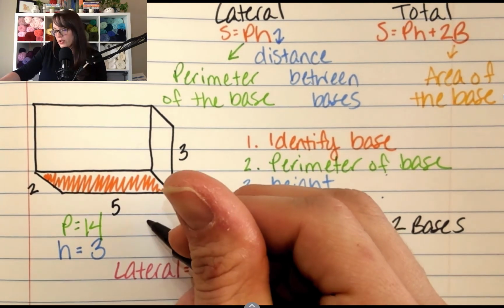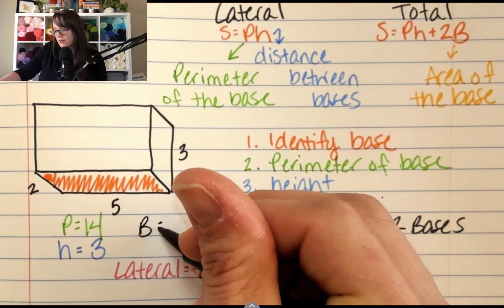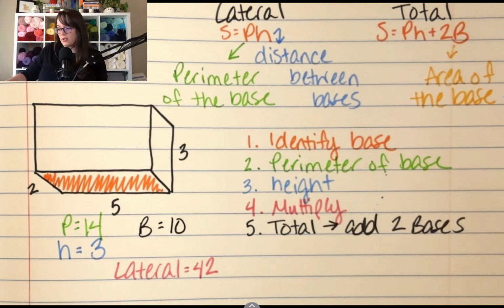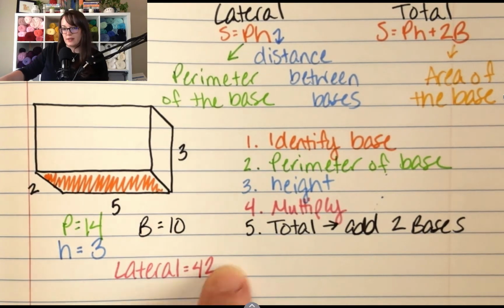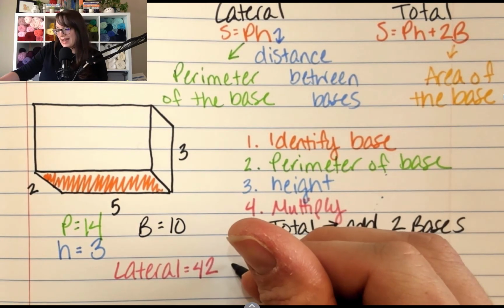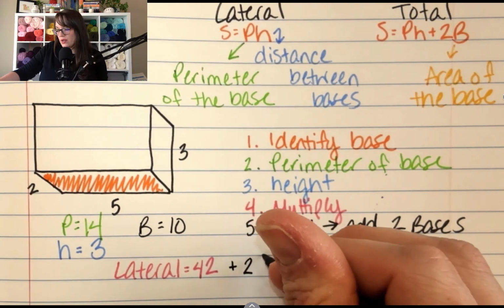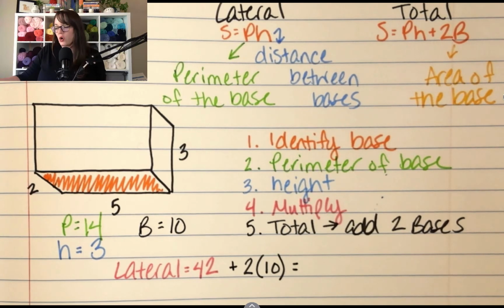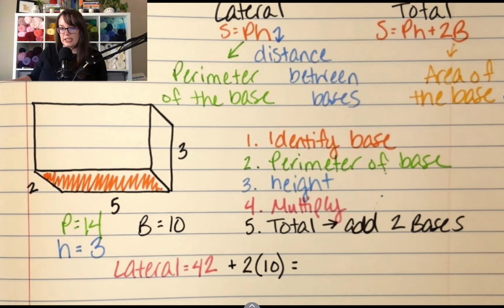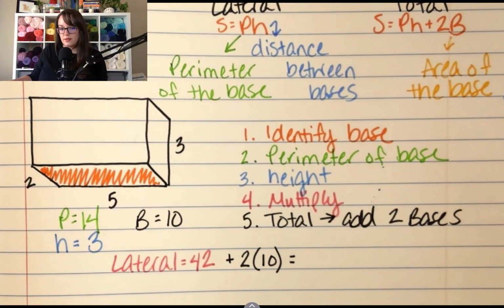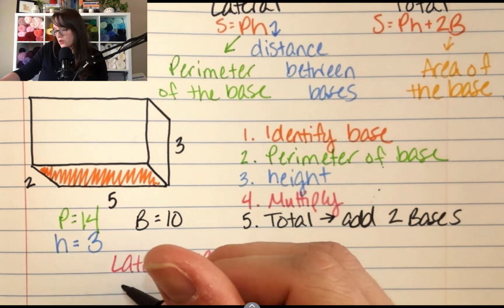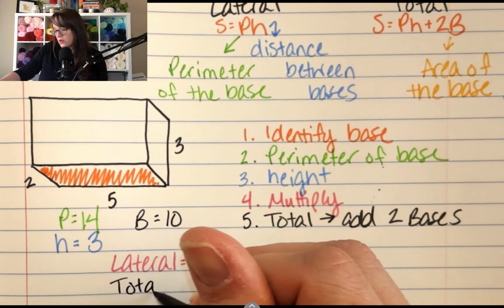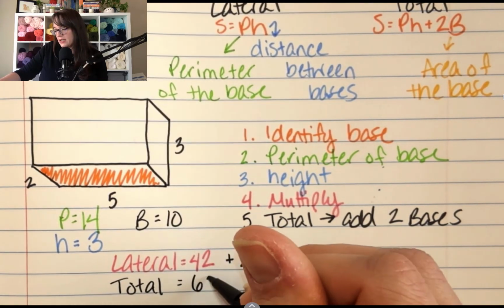The area of an orange base is 10. So capital B is 10. So if I take my lateral area, which is 42, and I add two bases, what is my total surface area here? 62. So total surface area is 62.